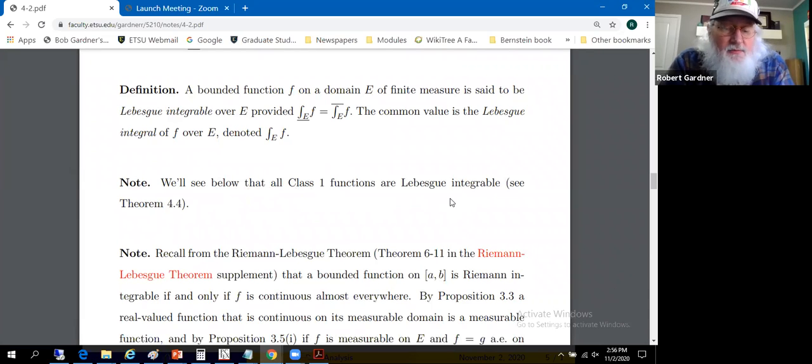And then it was going to be used in terms of Lebesgue integrals and how we would approach that in terms of kind of like Lebesgue sums, which you now know what we mean by that. It's the definition of measurable function really that's making this tick, and it's worked so well because we've cleverly chosen what it means for a function to be measurable. But we'll see that all these class 1 functions are Lebesgue measurable here in just a second. Theorem 4.4 from this section.